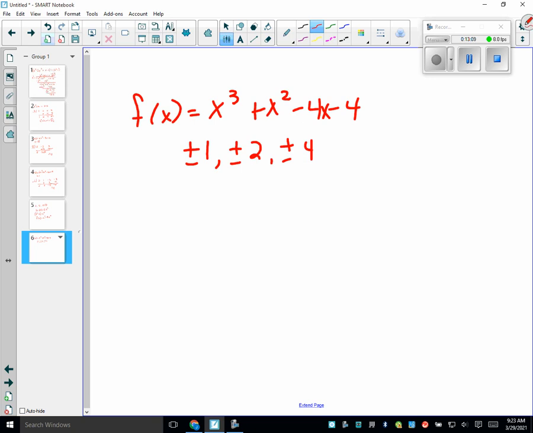Now, since it's a cube, you can find the first one on your calculator, right? Yeah. What did you find? -2. You can graph it. Sammy says -2 works.